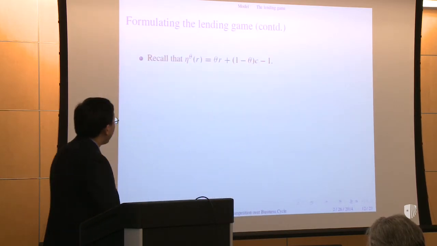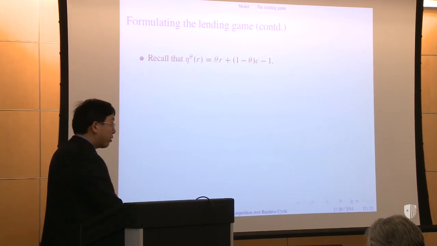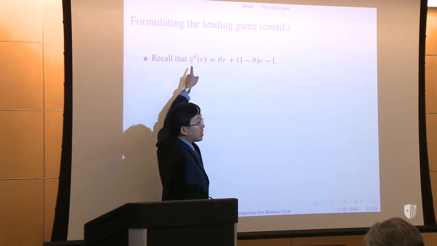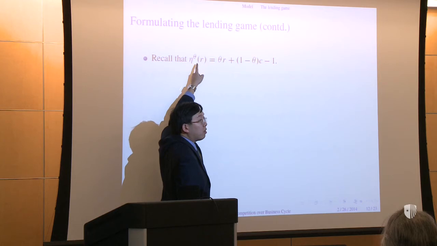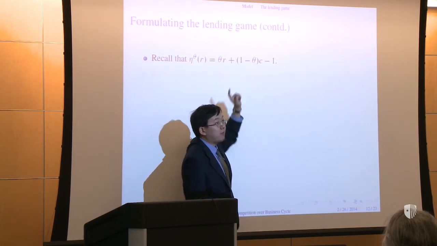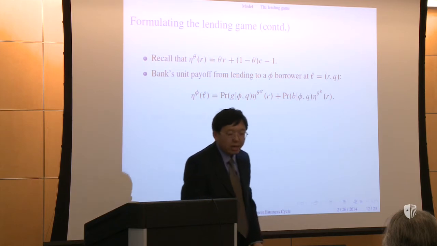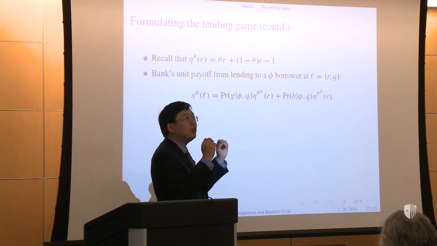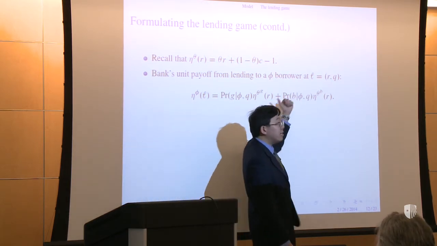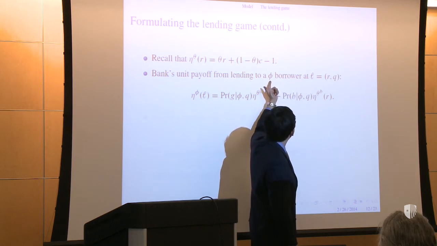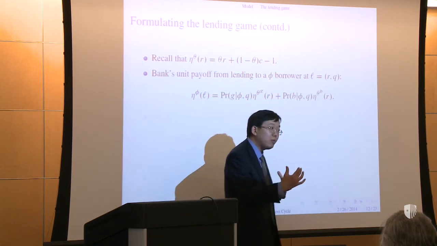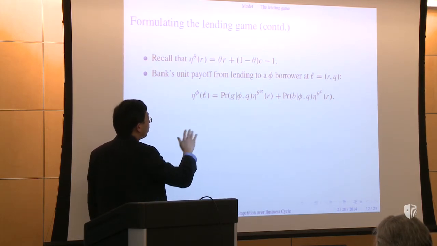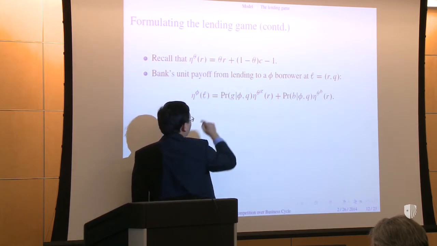So what is the bank's payoff of doing all this, choosing all this strategy? Let us record that the bank's unit expected payoff from lending to a theta borrower at interest rate R is just given by this expression. And now, the bank's unit payoff from lending to a borrower who has applied for this loan L at this bank and who got a signal phi out of the screening process will be determined by the following expression.